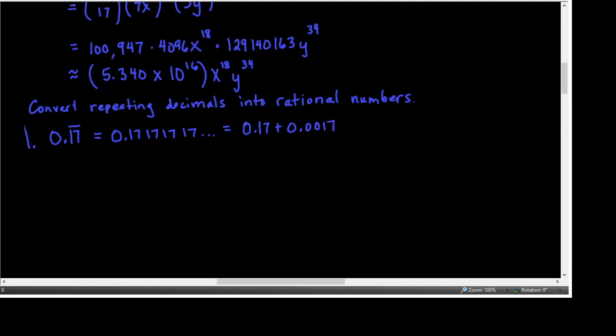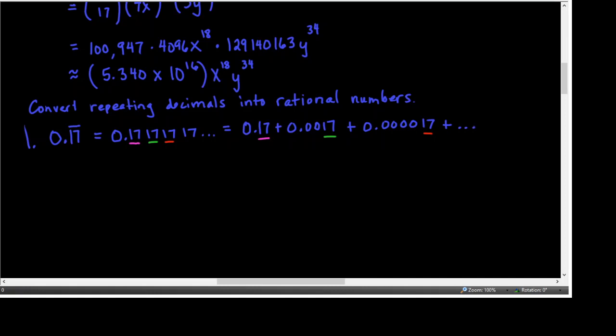And so let me show you where that's coming from. Okay, and what would the next one be? Plus 0.000017. That's this 17. And once we have 3 of them, I think that's probably enough. You could keep going if you wanted to, but I don't think you need to because you've established a pattern.